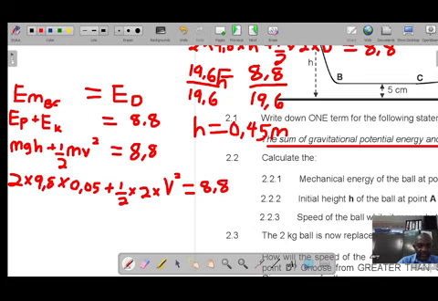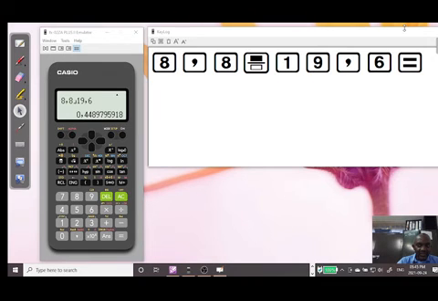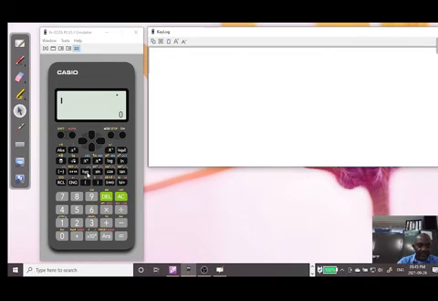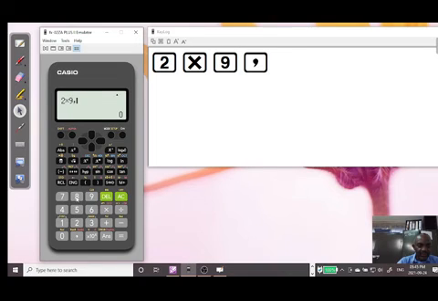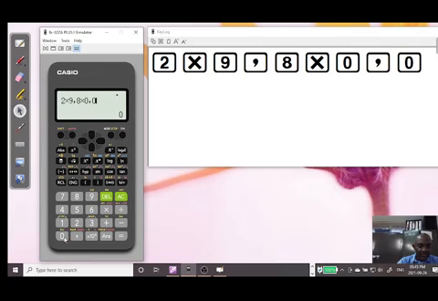Okay. Now if I simplify here, this 2 will cancel this 2 here. Then I have 2 times 9,8 times 0,05. What do we get here? Talk to me now. 2 times 9,8 multiplied by 0,05.